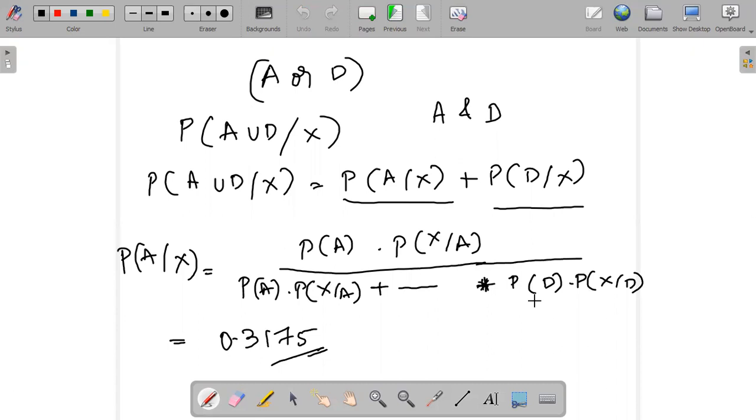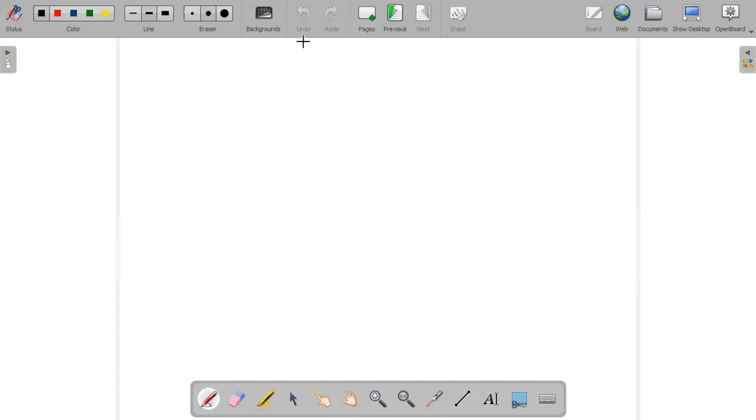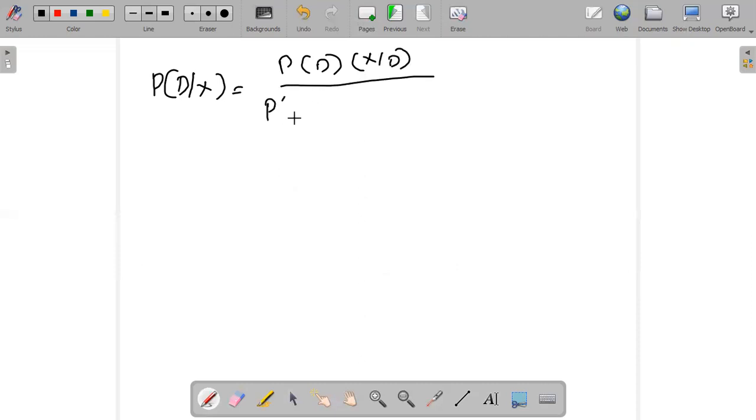Now we have to find P of D given X. Again it is the same thing: P of D, P of X given D, divided by the summation of P of A, P of X given A, and so on.